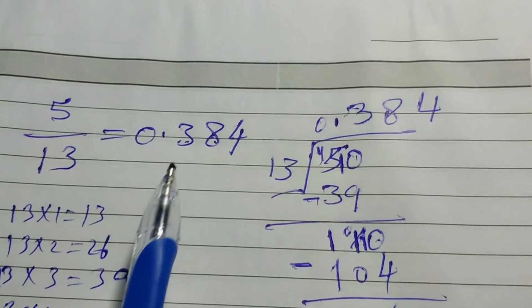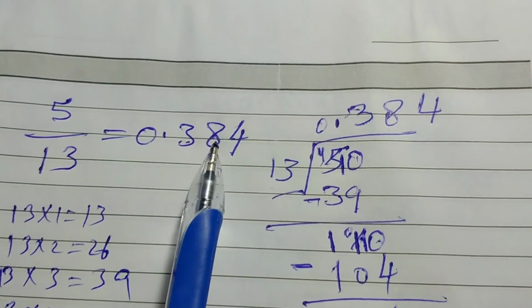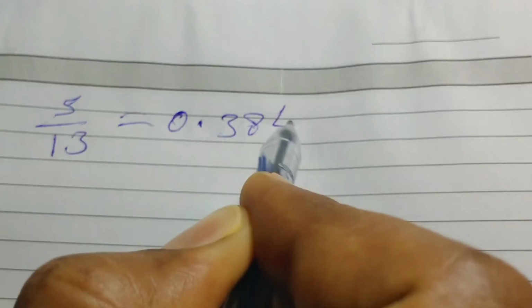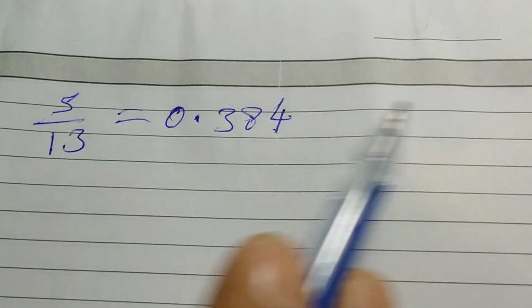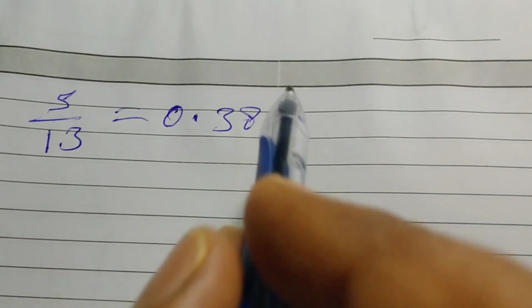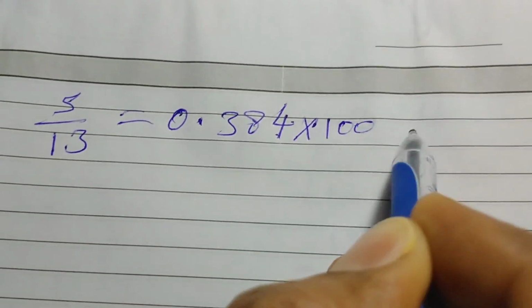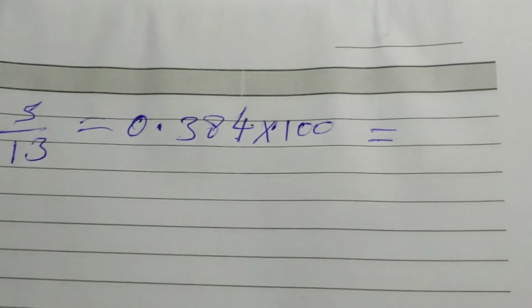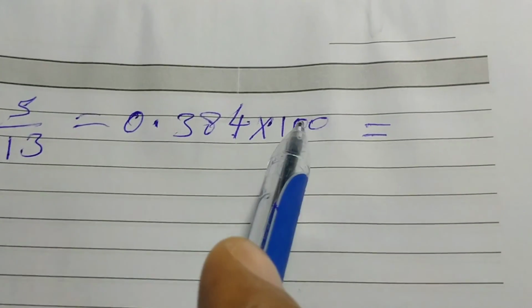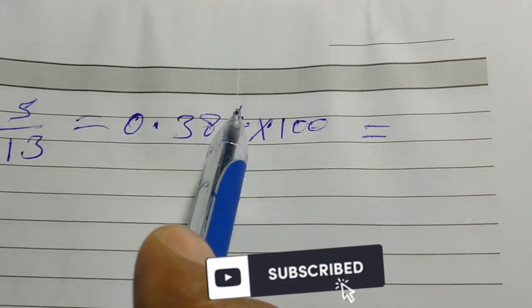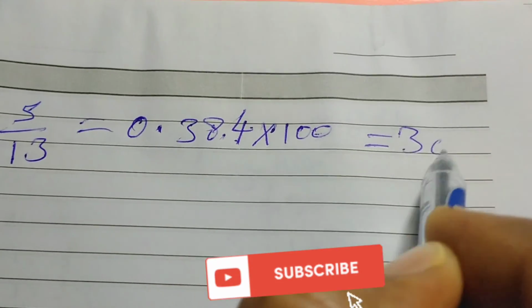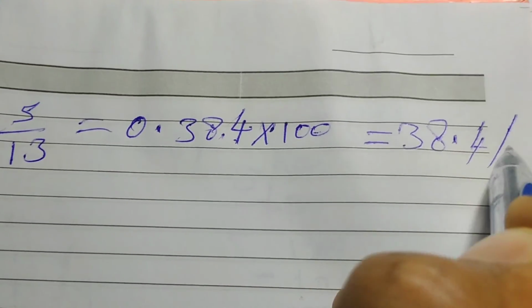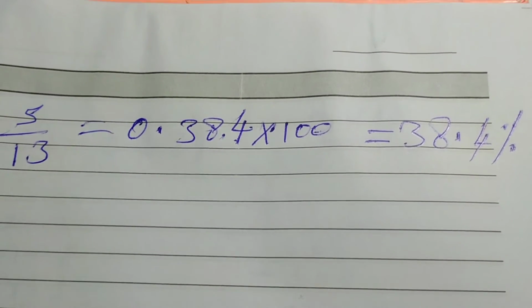So it is equal to 0.384. To convert this fraction into percentage, multiply the decimal by 100. With multiplication by 100, the point will move, because there are two digits on the right side, 1 and 2. The point will be here, so it will be 38.4%. This is our percentage.